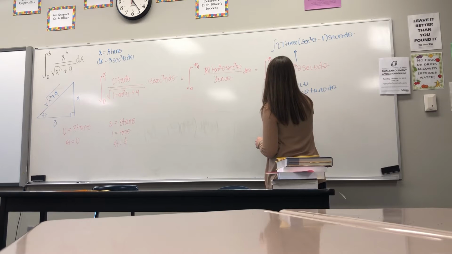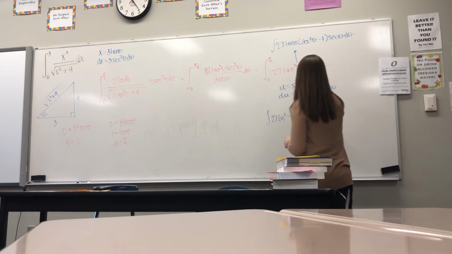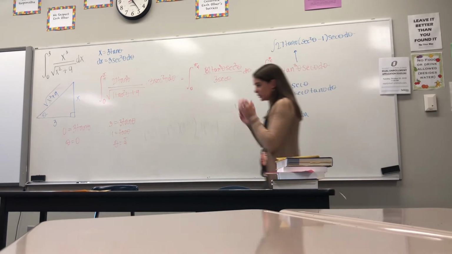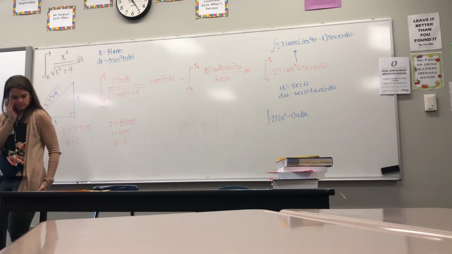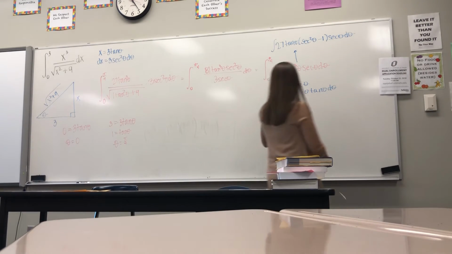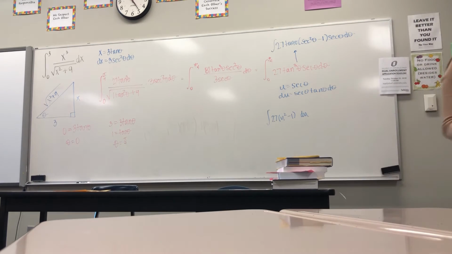Now we have the integral of 27 times u squared minus 1 times u du. Do we agree? Oh, we don't have that u. How do we not have it?